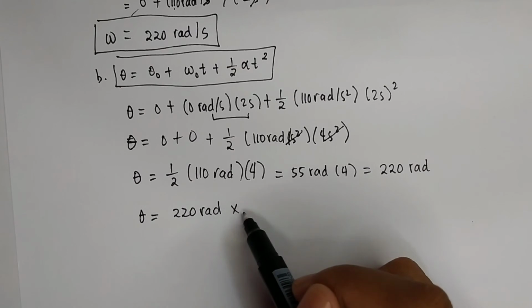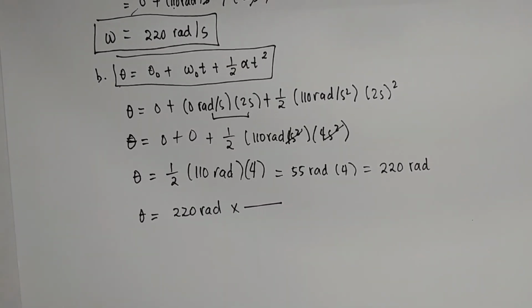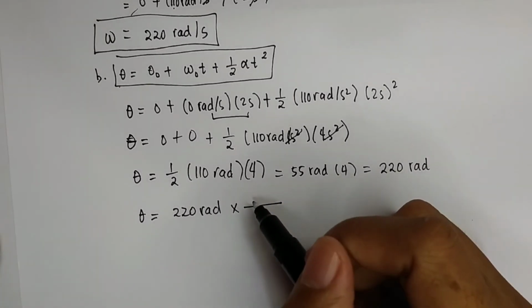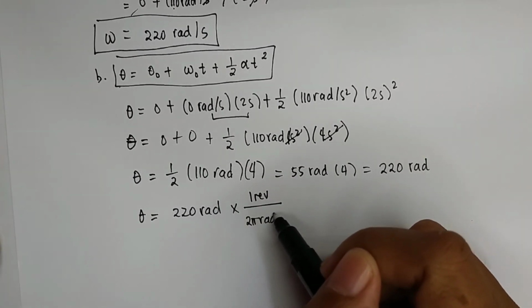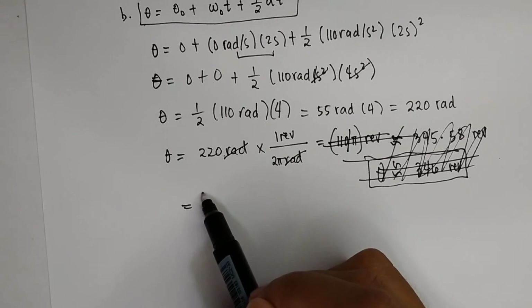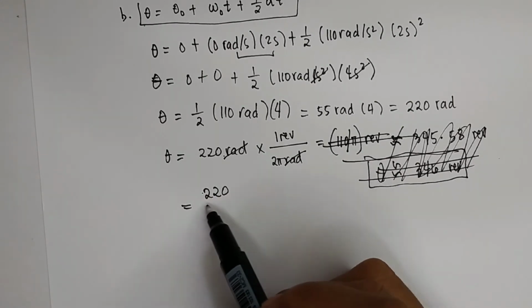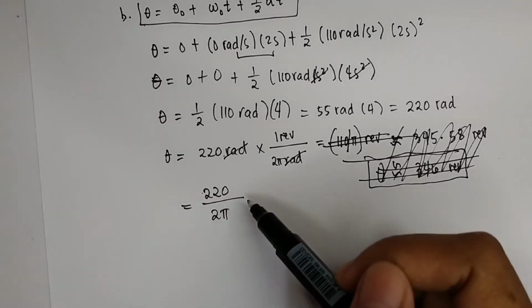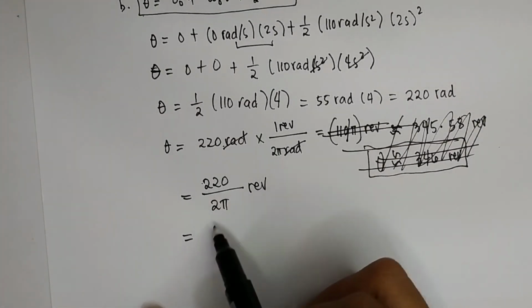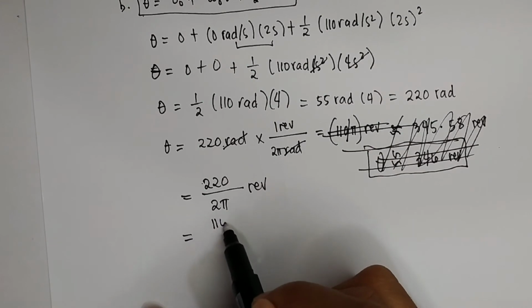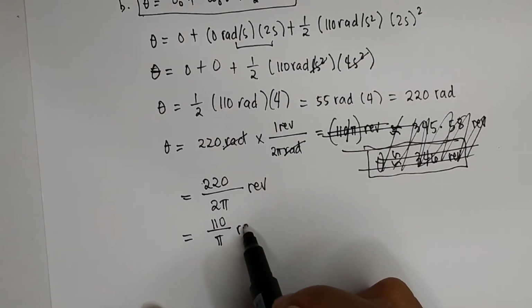Take note that 1 revolution is equal to 2 pi rad. So we have 1 rev equals 2 pi rad. So this will be 220 over 2 pi revolutions. This is equal to 220 divided by 2, that is 110 over pi rev.